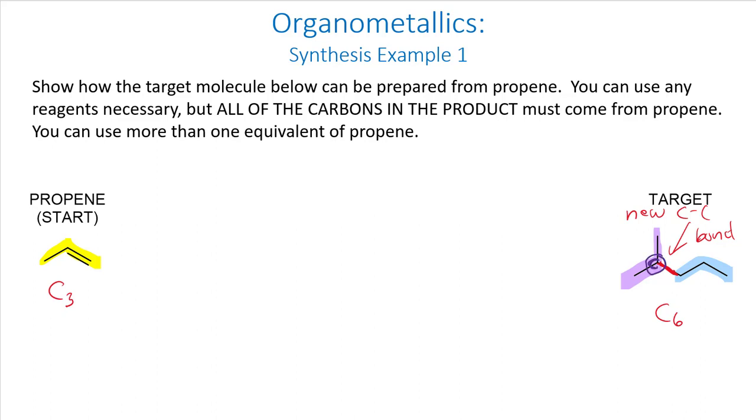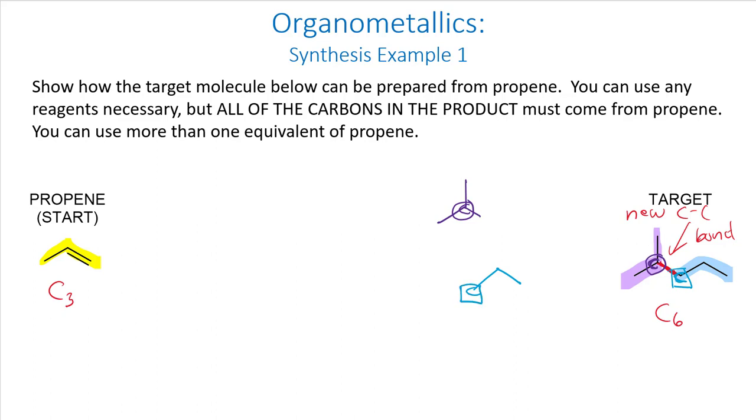We identify the 2 carbons that need to be connected. We can put a square around one, a circle around the other, and we could start with the carbon-carbon bond forming reaction. And we can imagine the combination of an organometallic and an electrophile that would produce that particular molecule as a product.